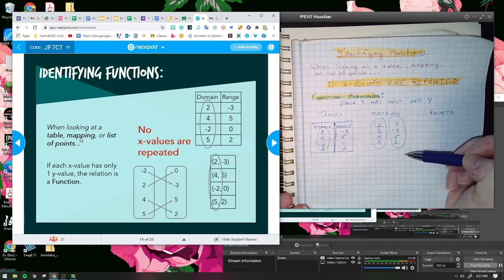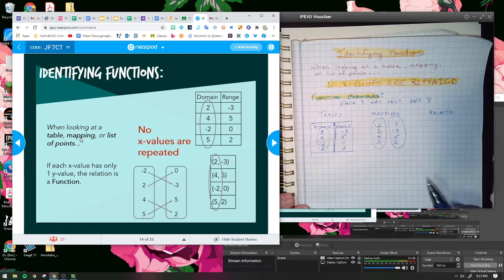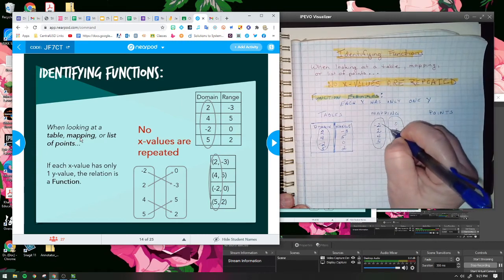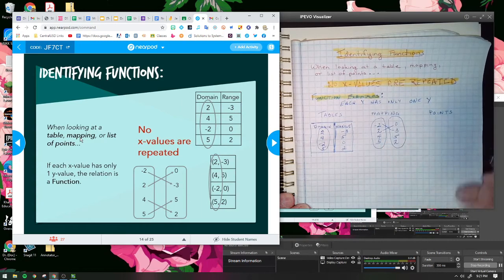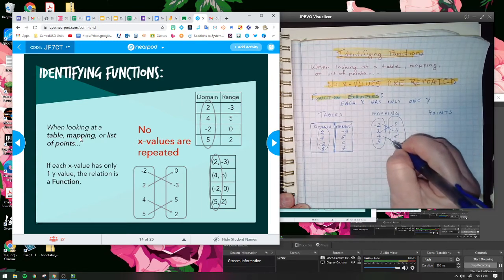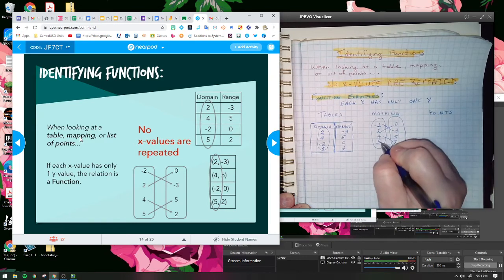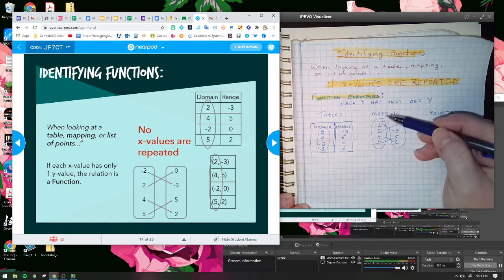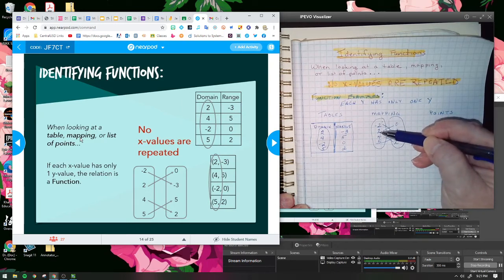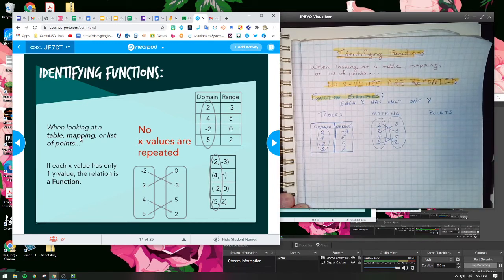That's the benefit. The downside is that you have to match them up. So I have -2 to -3, +2 to 0, 4 to 2, and 5 to 5. Again, the -2 and the +2 are in two different places on the number line, so there are no repeats.